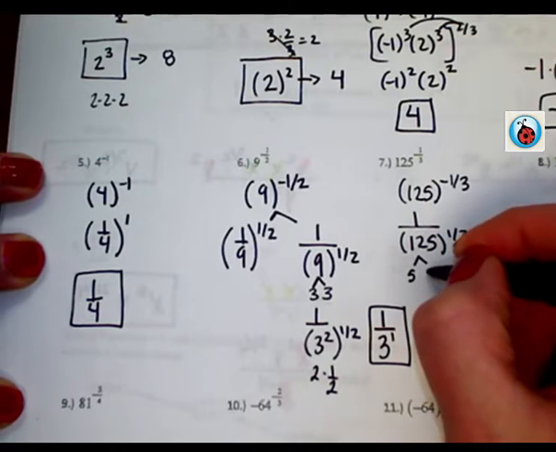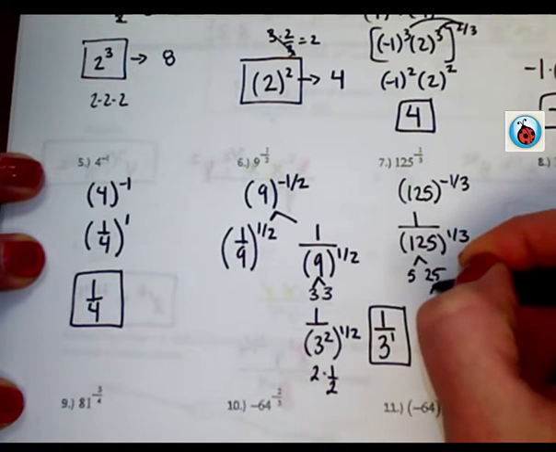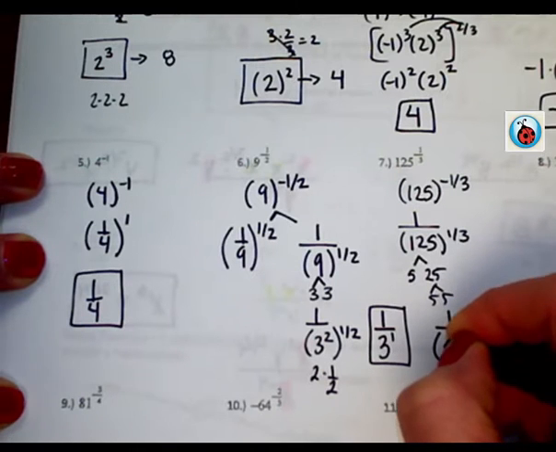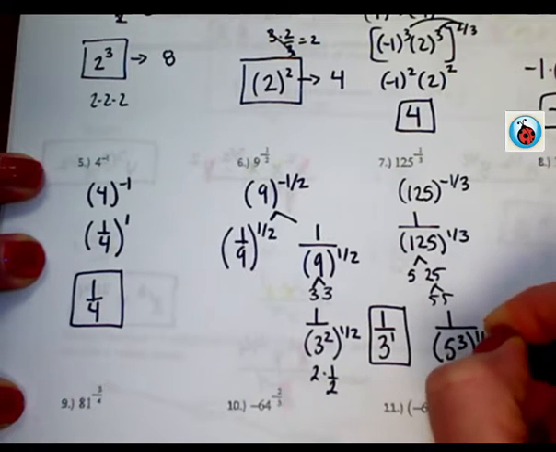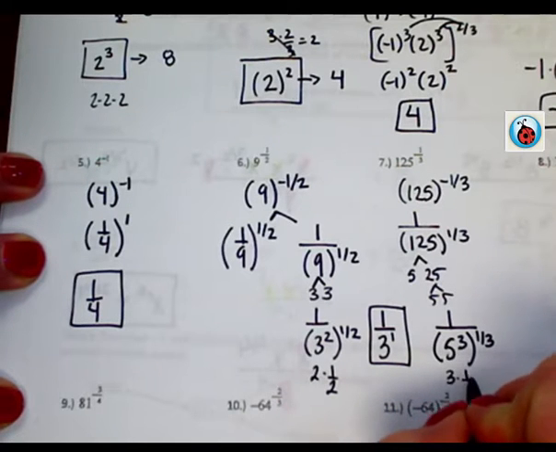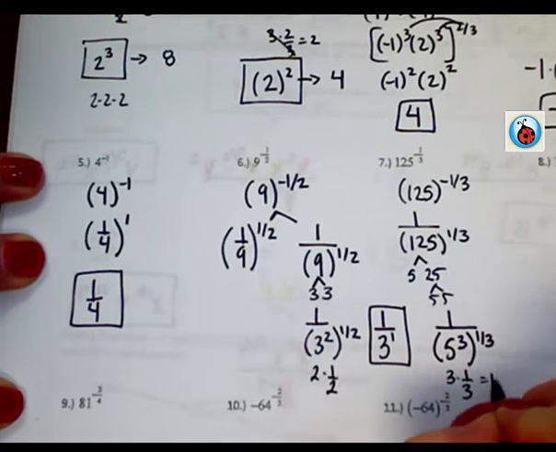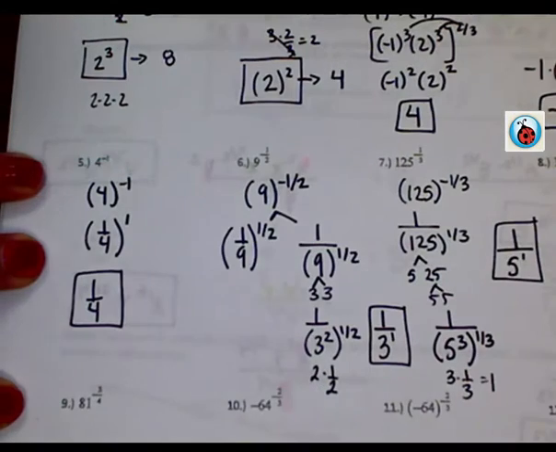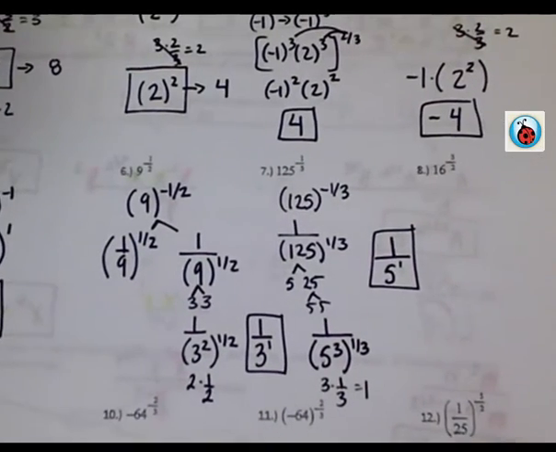So this is 5 times 25. Okay, so 5 cubed. Okay. Exponent rule, 3 times 1/3 is 1. So we get 1 over 5 to the 1st. Okay. Next.